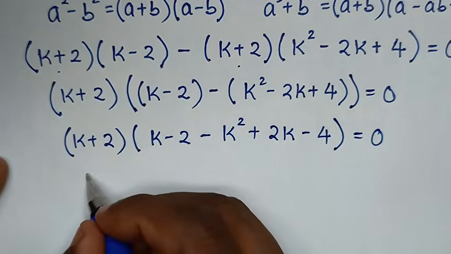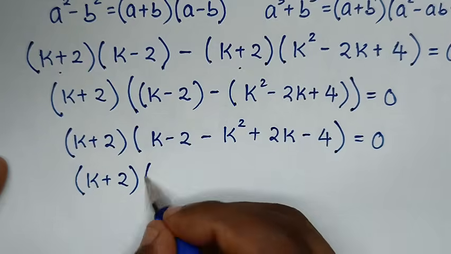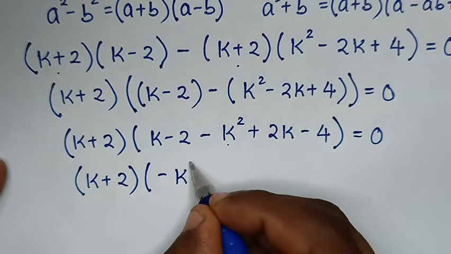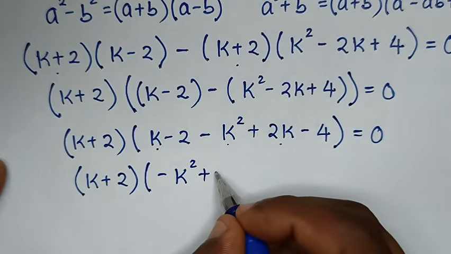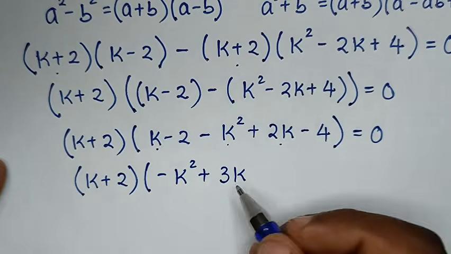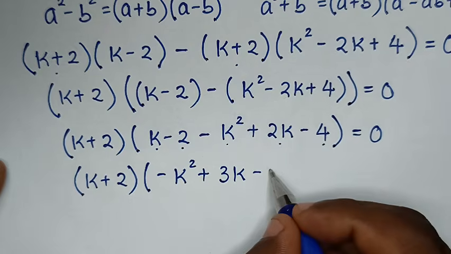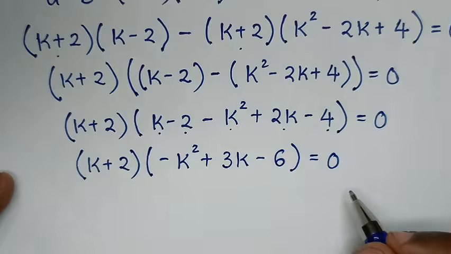Then here it will be k plus 2 bracket. Here we start with minus k², then k plus 2k is 3k, so plus 3k, minus 4 minus 2, minus 4 minus 2 is minus 6, bracket is equal to 0.